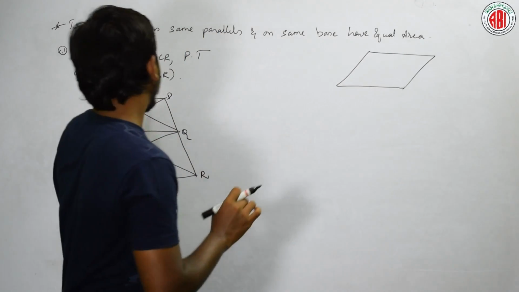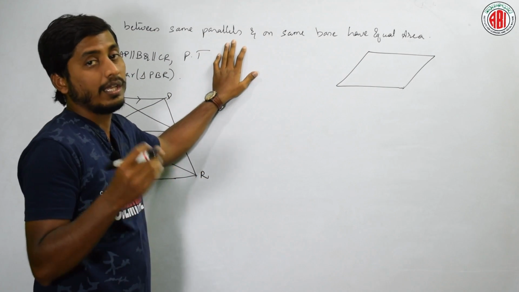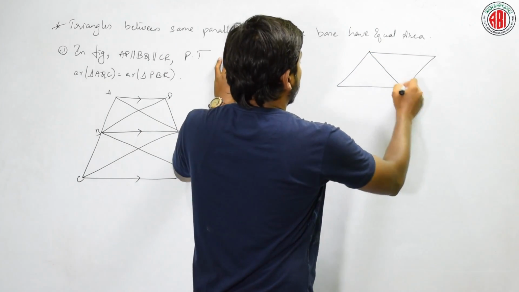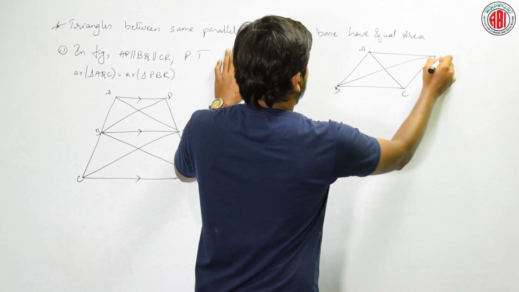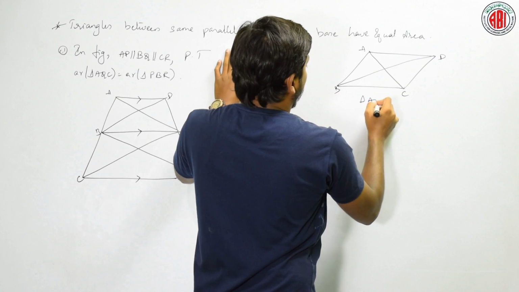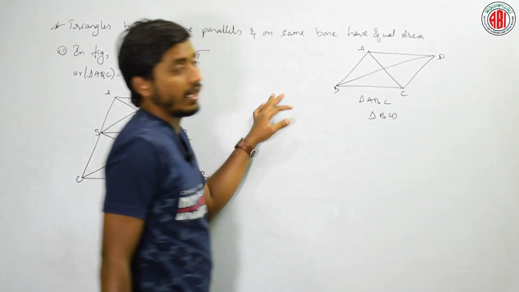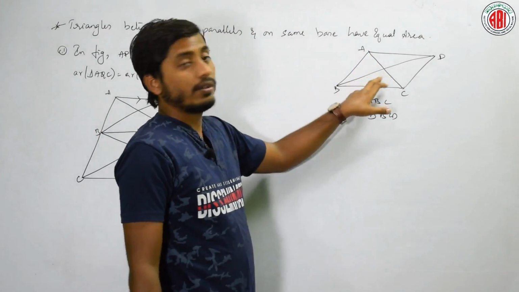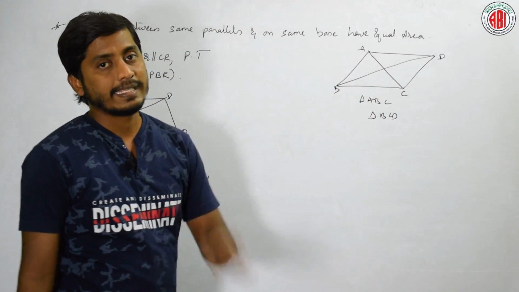Similarly, one more thing is, if there are two triangles between the same parallel lines, that too on the same base, for example, triangle ABC and triangle BCD, they lie between two parallel lines and also they are on the same base, obviously their areas will be the same.